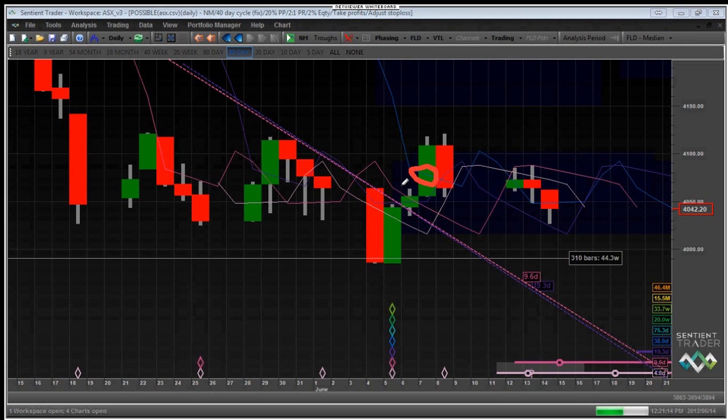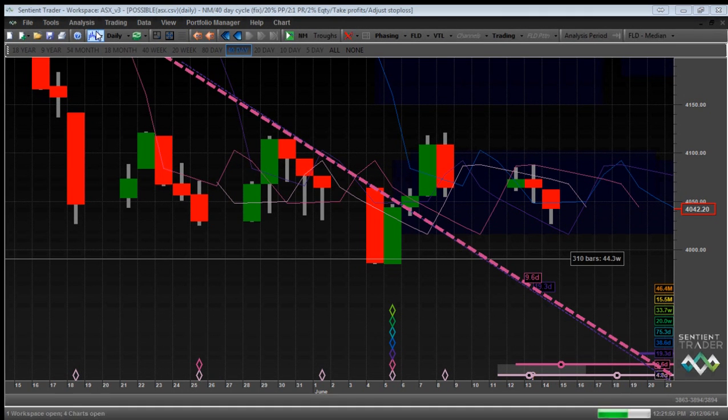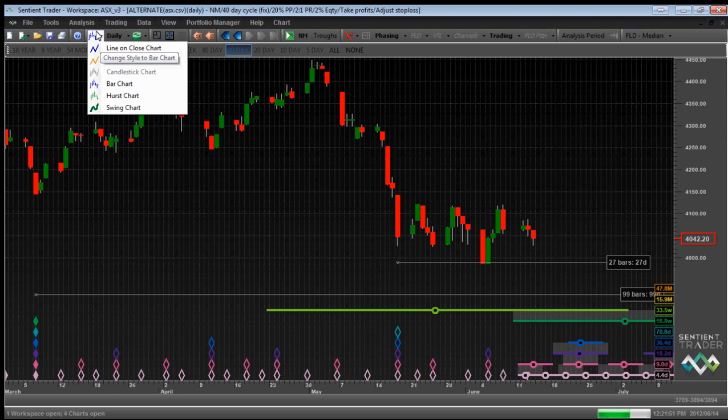So let's take a look at this. On the Wednesday, you would have said, if median price crosses above the median FLD, I would consider taking delayed trading action. As you can see, on the Thursday, price did cross up above that 40-day FLD, and I suspect that the median price crossed up above the FLD.